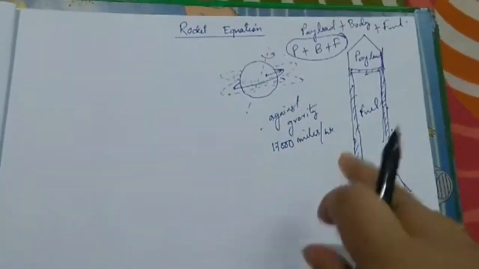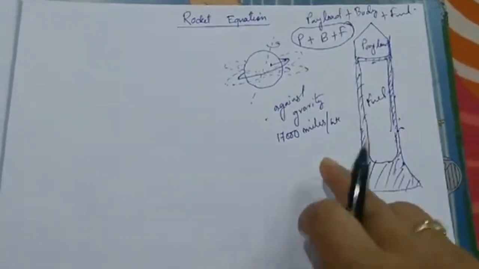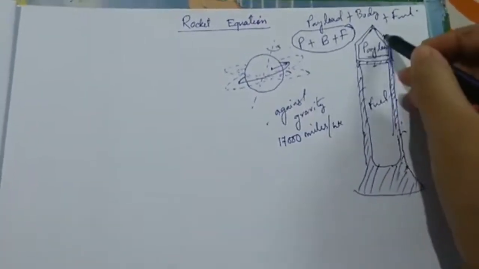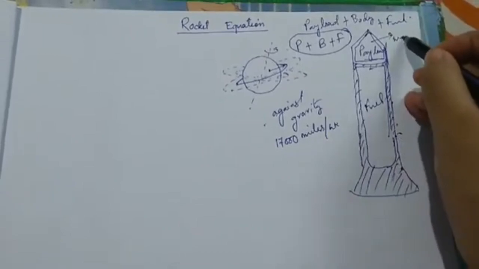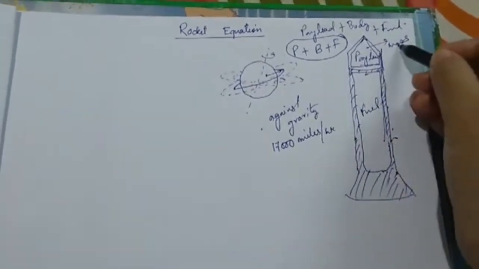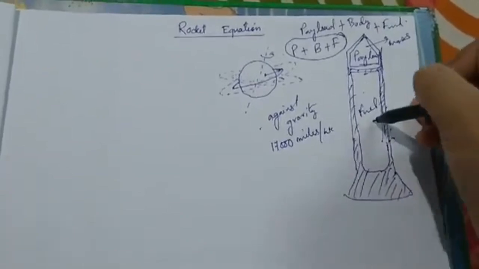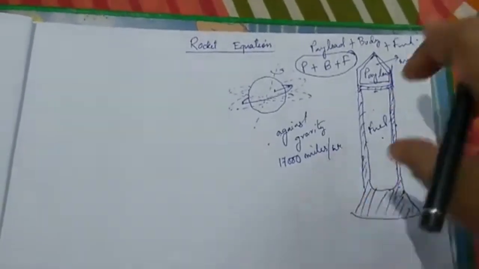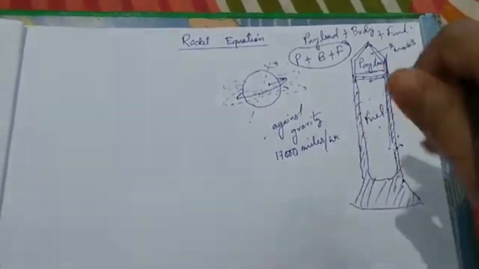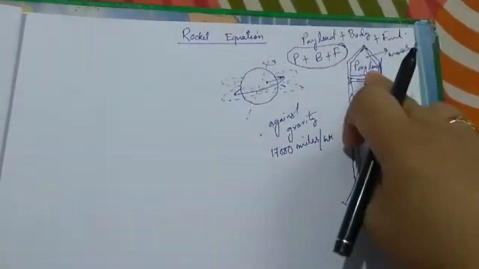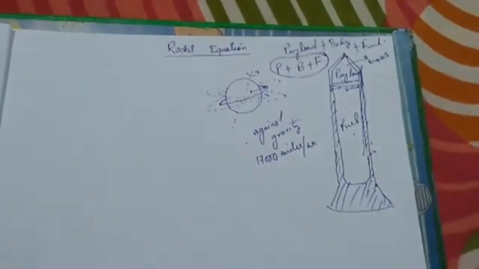So what does the rocket equation basically do? This payload will not always be a constant mass. The payload may vary. Now for a certain mass of the payload, there will be a certain mass of fuel that you need. That means the rocket equation gives you how much fuel you will require to place a payload of a certain mass.